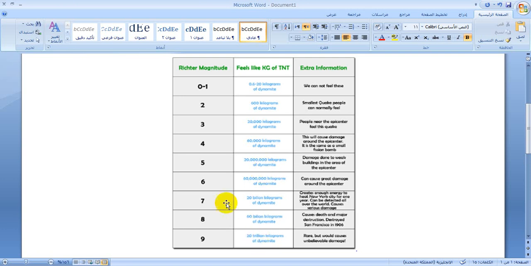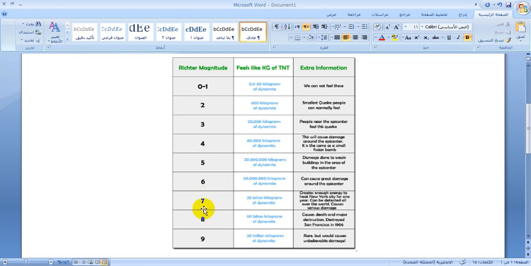So let us begin with 5. When it is 5, dear viewers, it's equivalent to 20 million kilograms of dynamite. In 6, it is equivalent to 60 million kilograms of dynamite.